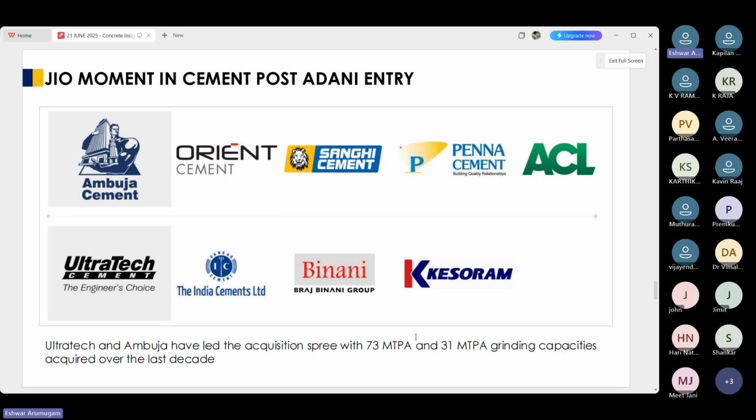That is essentially what has happened in the cement industry post Adani's entry. UltraTech and Ambuja have led the acquisition spree over the past decade, with UltraTech acquiring about 73 million tons of capacity and Ambuja acquiring about 31 million tons in grinding capacity over the last decade.